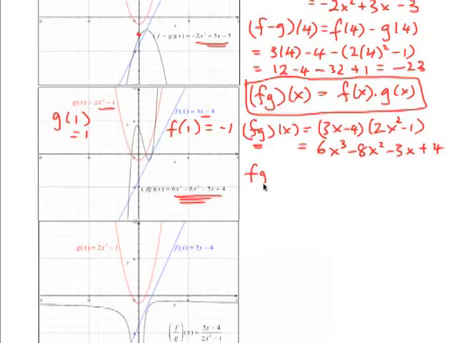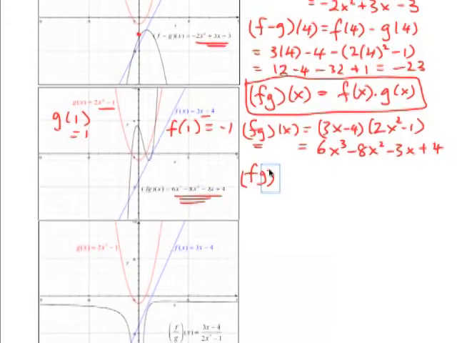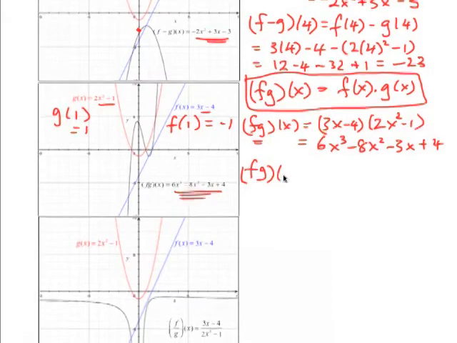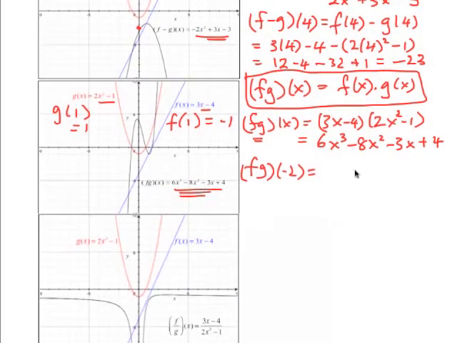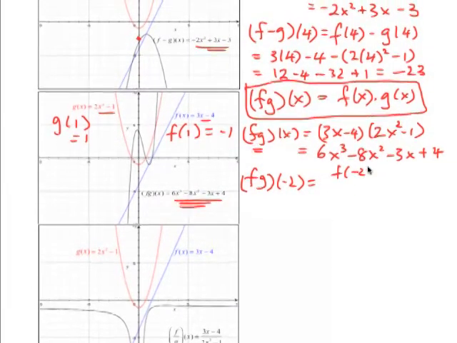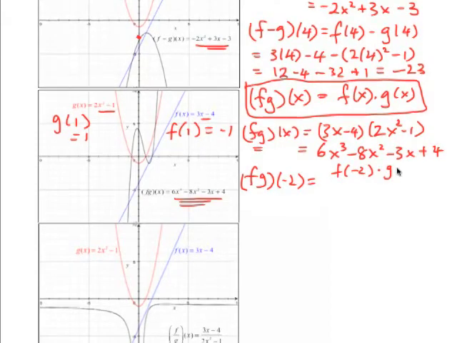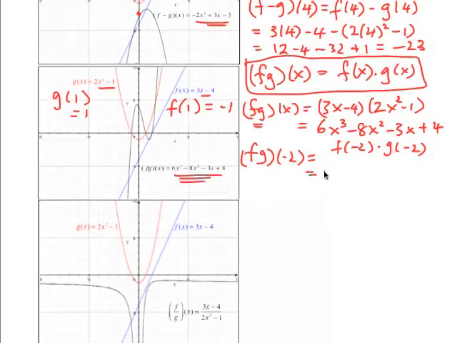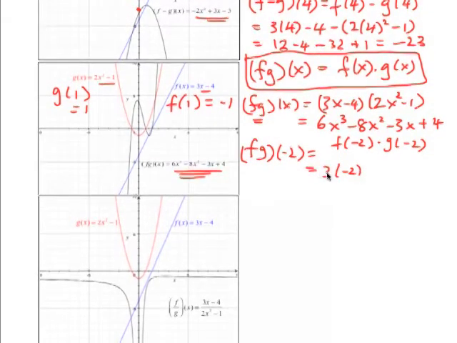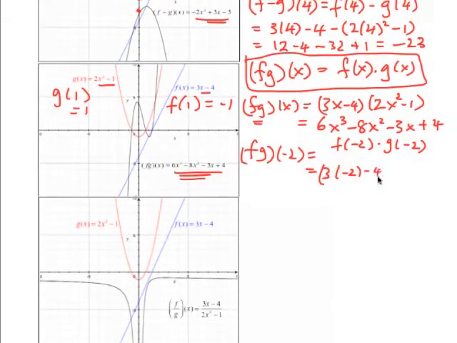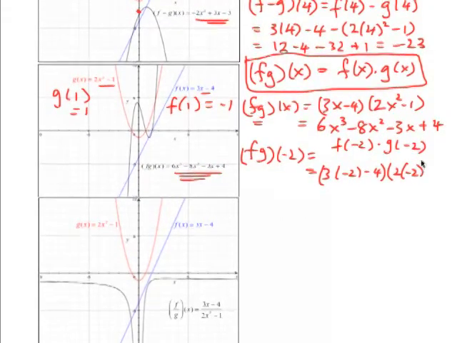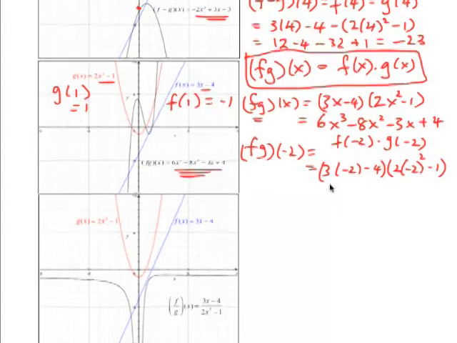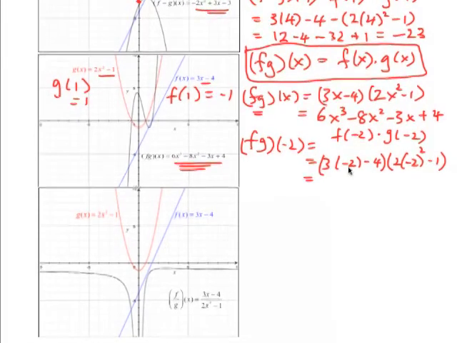So let's look at f times g, say, of negative 2. Well, this will be f of negative 2 times g of negative 2. All right, which will be, of course, 3 by negative 2, subtract 4, times 2 by negative 2 squared, subtract 1.